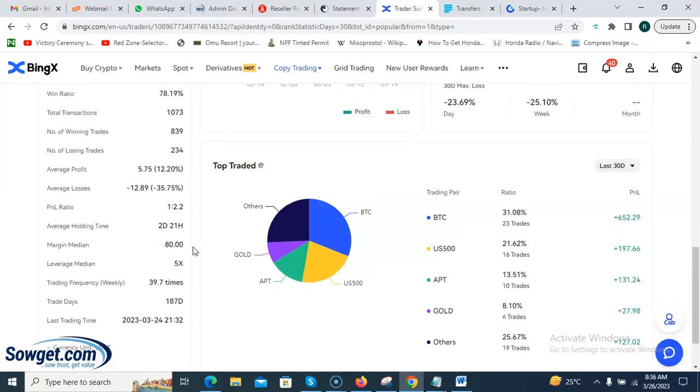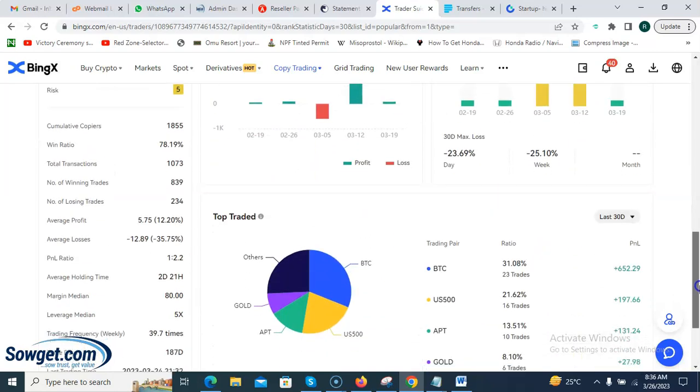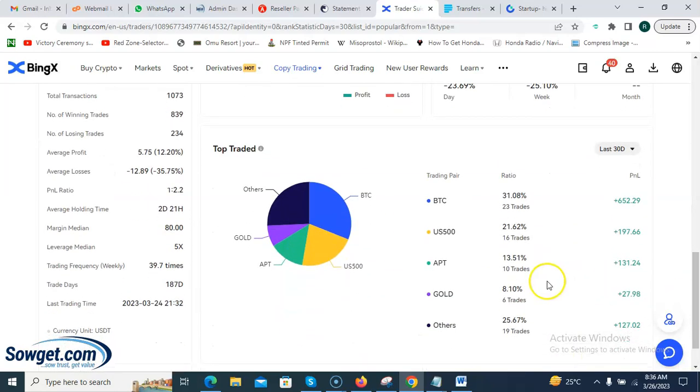There is other information I want to show you about this trader, and you can see the graph of this trader over the last 30 days. You can always filter the graph to see the entire lifespan of this particular trader. This is the return on investment, and you can see more information here. You can see the top assets this trader trades.